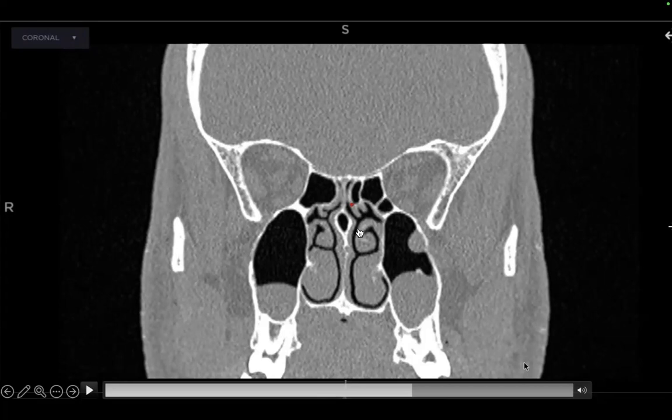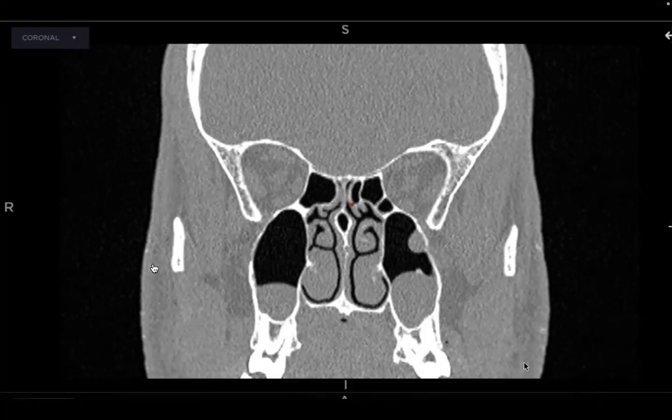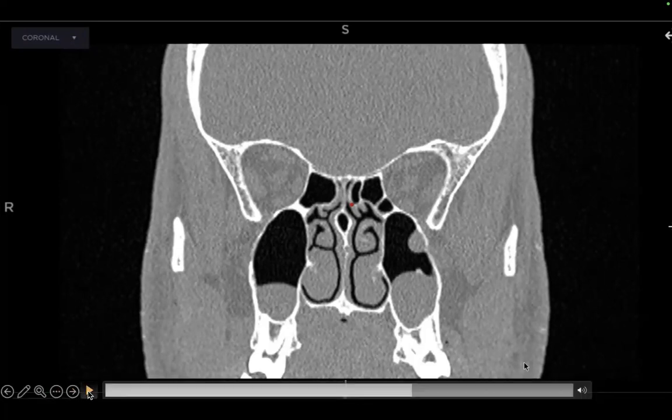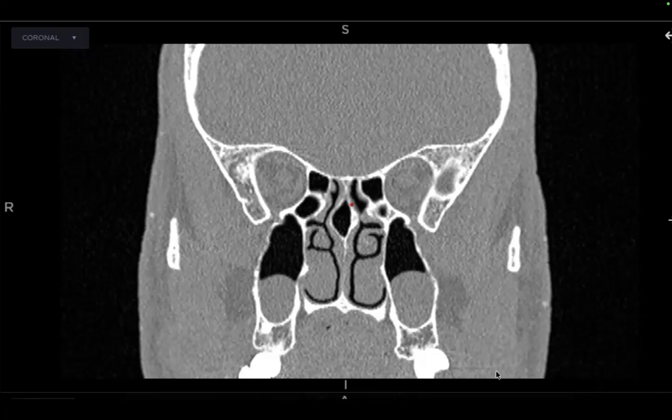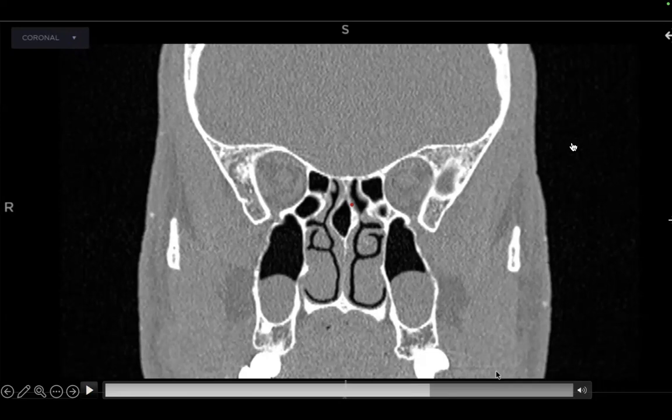This is a really nice scan, I picked this one because it had all really nice findings for your close-up. And then at the sphenoid sinus, you can see the superior turbinate actually moves away to a more sort of middle third as you go back. So it pushes you towards the orbit.